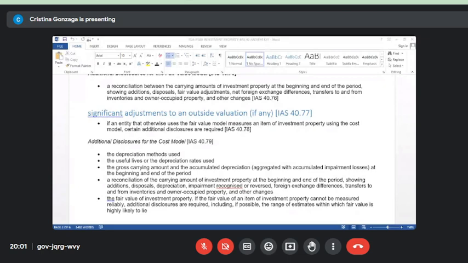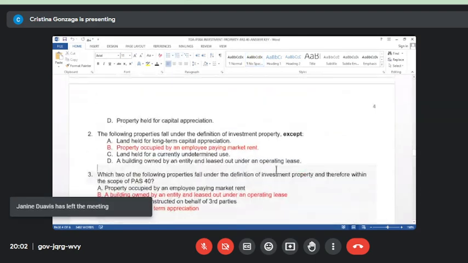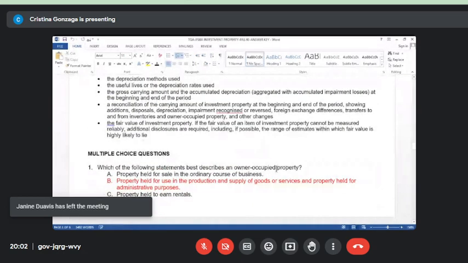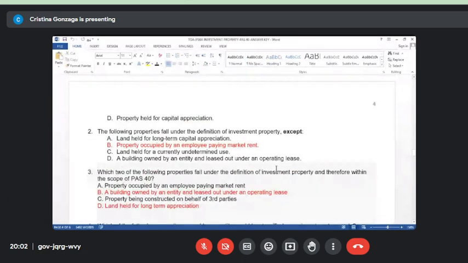O ano na? Sige, answera natin. Okay, number 1, B. Number 2, B. Number 3, dalawa ang answer kasi sabi dito, which 2.